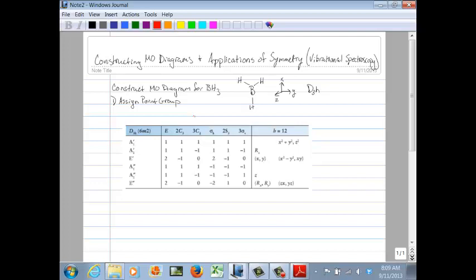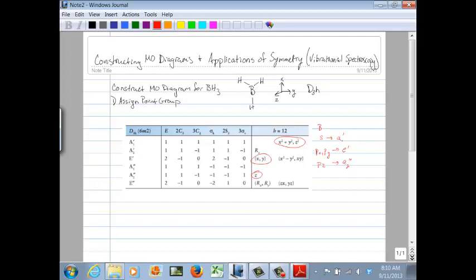So the 2s orbital is represented by this, and so the s orbital on boron has A1' symmetry. The px and py orbitals transform together as E', and the pz orbital transforms here as A2''.